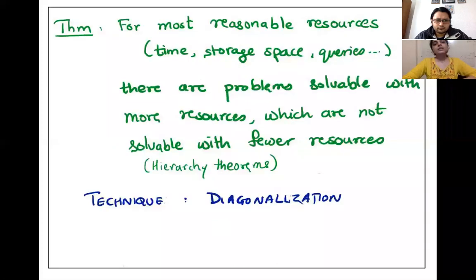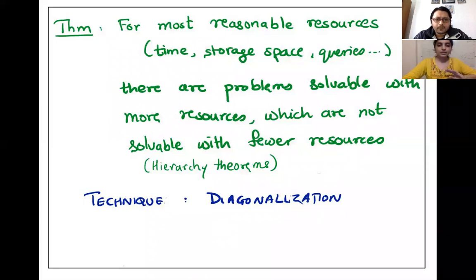Some other very interesting results are also known. They make the following type of statements. They say that for most reasonable resources that you can think of, say time or storage space or queries or energy, reasonable things that behave monotonically and so on, there are problems solvable with more resources which are provably not solvable with fewer resources.